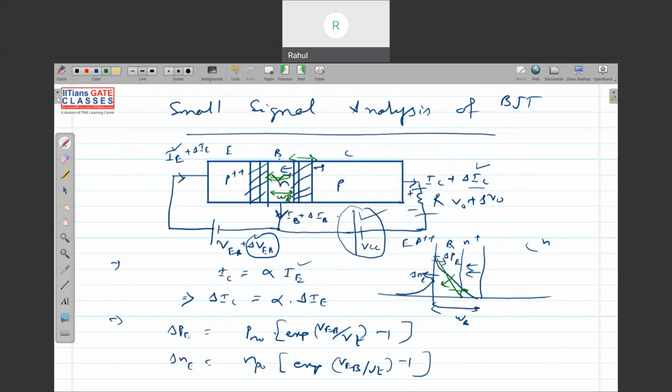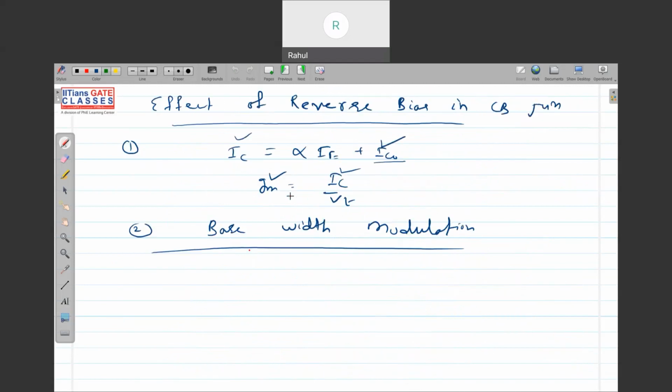If the base width is decreased, why will the current increase? We have understood this qualitatively. In order to understand it mathematically, we have to derive an expression for the current gain alpha. We will see that when base width decreases, my alpha will increase, so that the current gain, nothing but collector current, will increase.